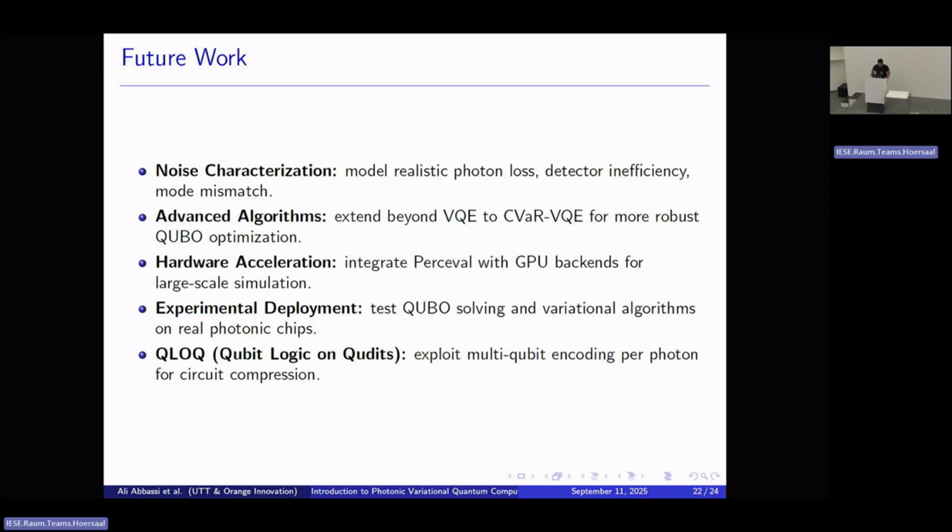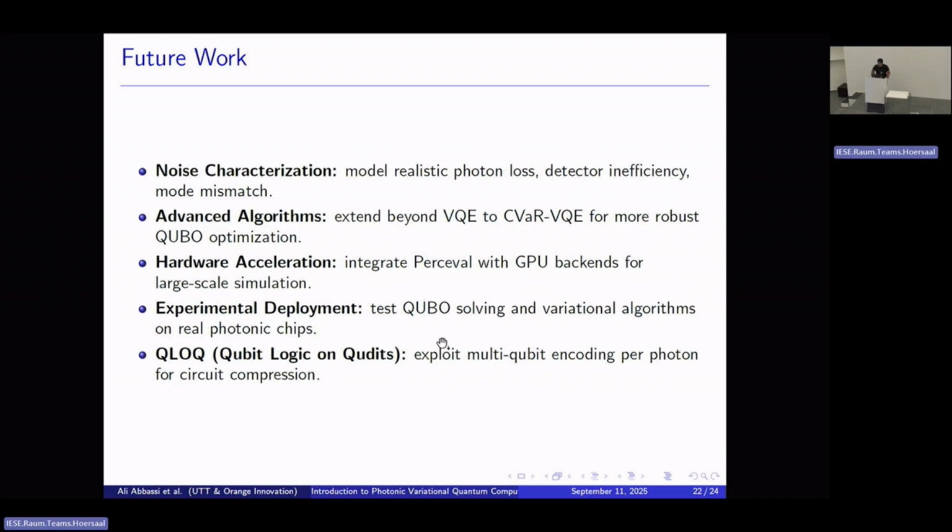And finally, just one remark concerning QDIT, because they were mentioned yesterday. A QDIT is a many-level system as opposed to a qubit, where we have only 2 levels. What they do in Candela with Perceval is that they use the QDIT logic but on qubits, because of course experimentally they do not have qudits, not for the moment.